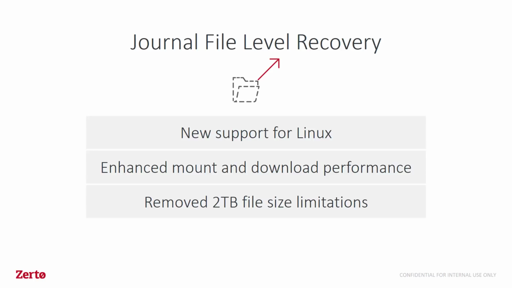This is really important for those people who are looking to do testing or DevOps kinds of activities, because now you can go up into a public cloud, leverage that public cloud by pulling out of the journal and putting those files local to use them for test and dev purposes.